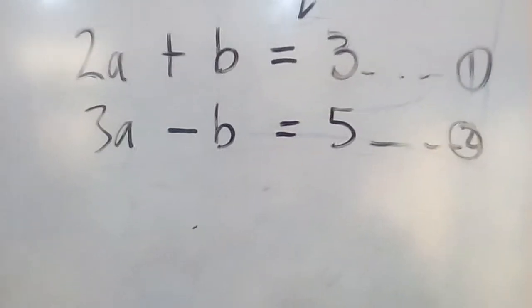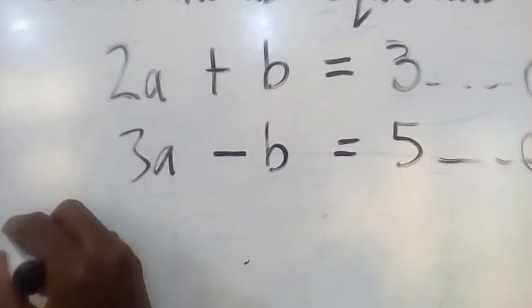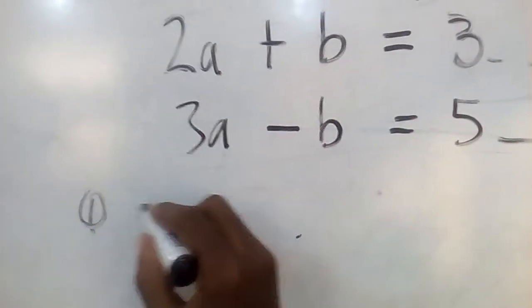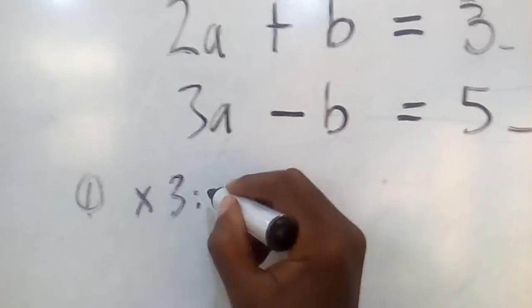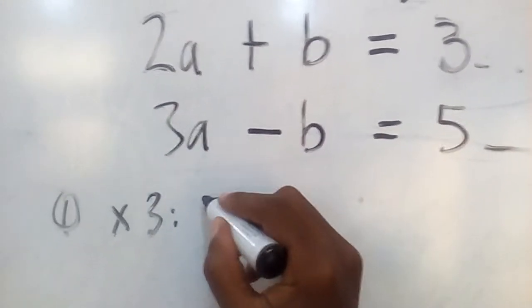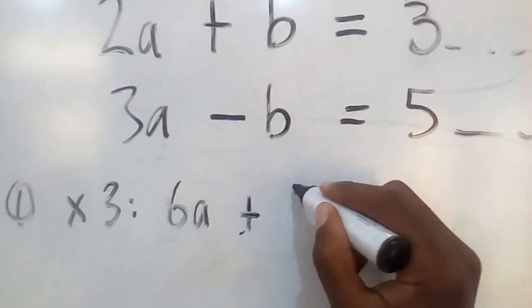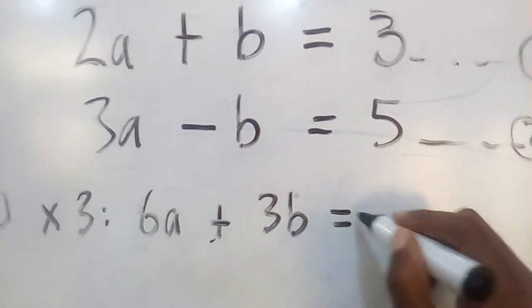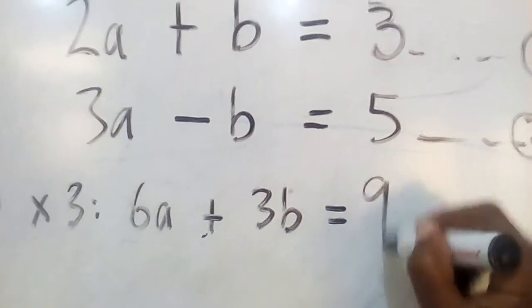So let's see how that goes. I would have equation 1 times 3, and 3 times 2 would give me 6a, 3 times b will give me 3b, and 3 times 3 will give me 9.